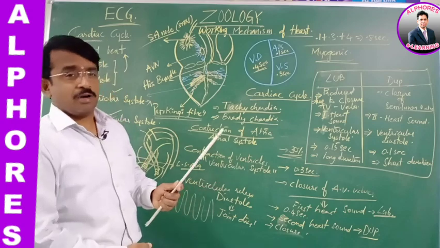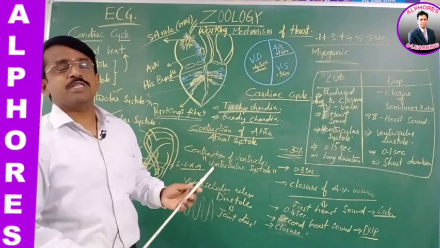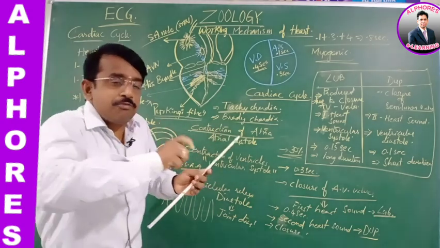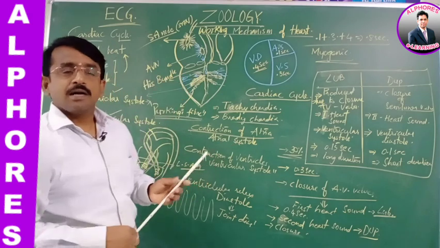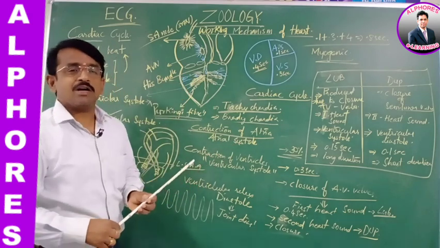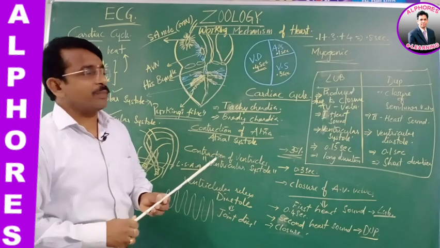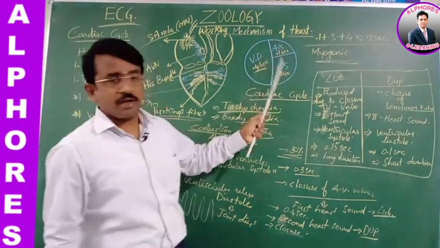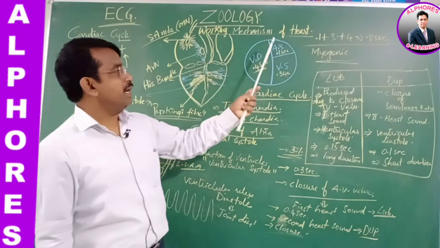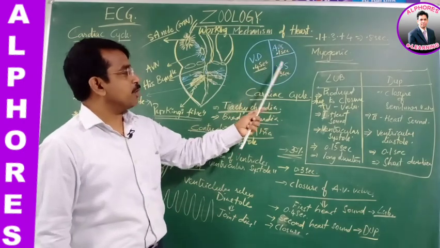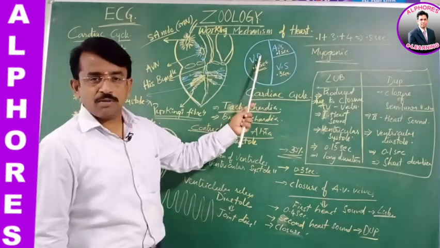That series of events, from the beginning of one heartbeat to the beginning of the next heartbeat, is what we name the cardiac cycle, which is with the atrial systole, ventricular systole and ventricular diastole.